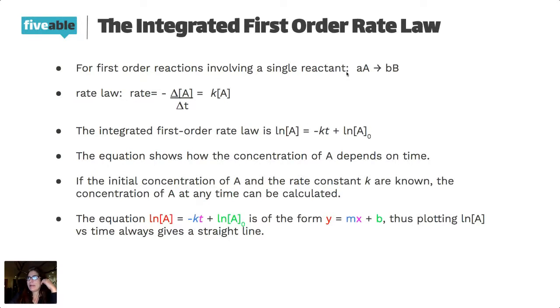If we have a single reactant A that turns into B, the rate law says that the concentration of A decreases over time, and the rate depends only on K times A to the power of 1. If you do integration on this equation, this is what you're going to get. Yes, Perla, the graphs apply only to the integrated rate law. Yes, that's what we're seeing right now.